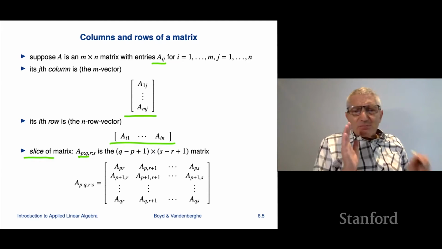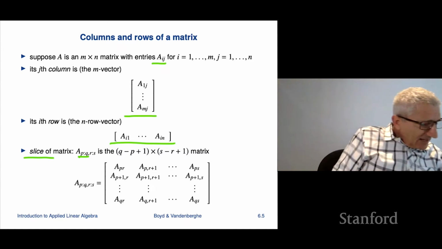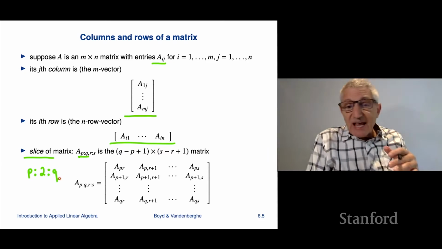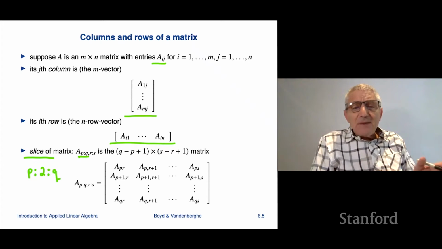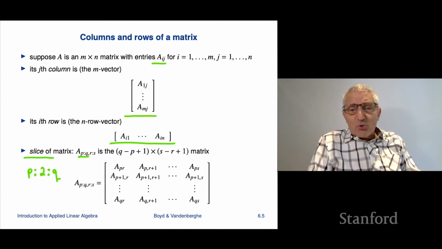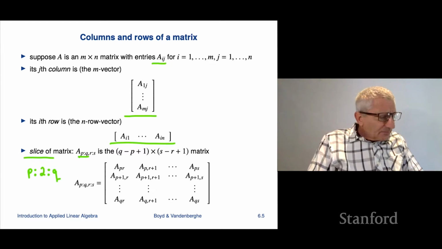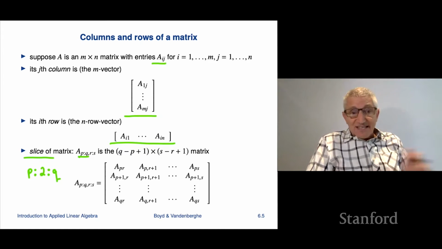I should add, in programming languages, you have more sophisticated things. Like you can say p:2:q in a computer language, and that means p, p plus 2, p plus 4, and so on. The second one is called the stride, and it continues until you get to q or less than q or something like that. That we don't use.